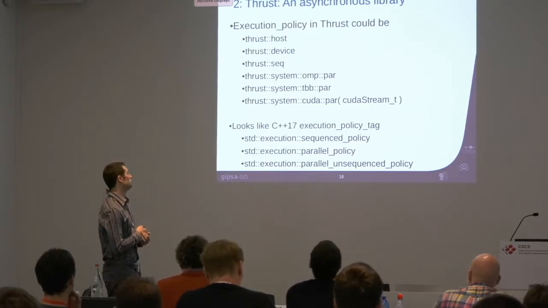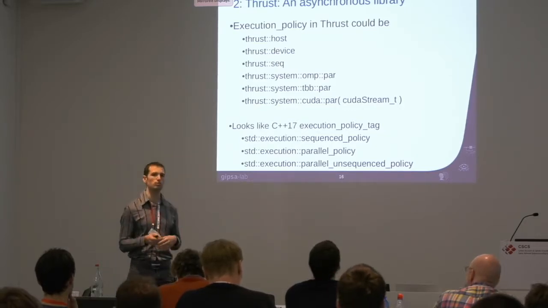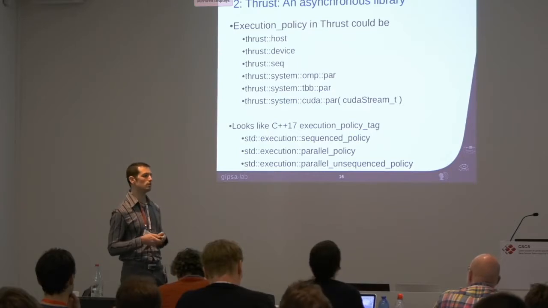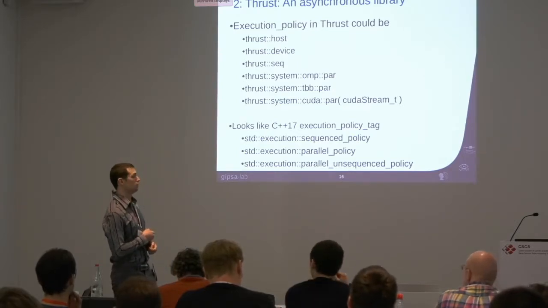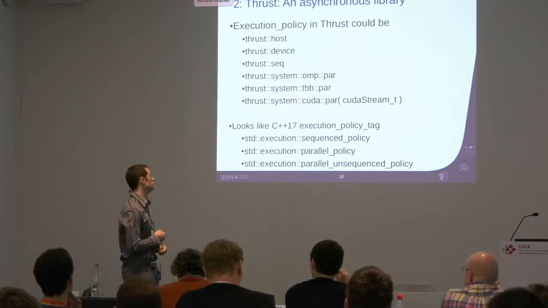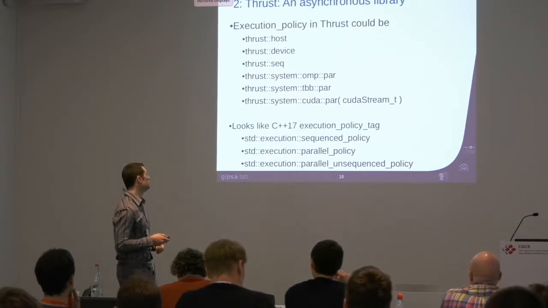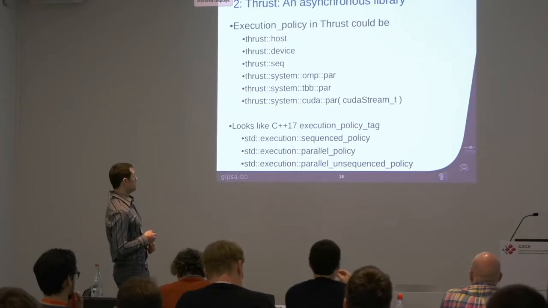This can also be used from the GPU, because from the GPU you often don't want to launch a new kernel. So if you want to launch, say, a loop inside the GPU code, you can use this execution policy. You can use OpenMP.